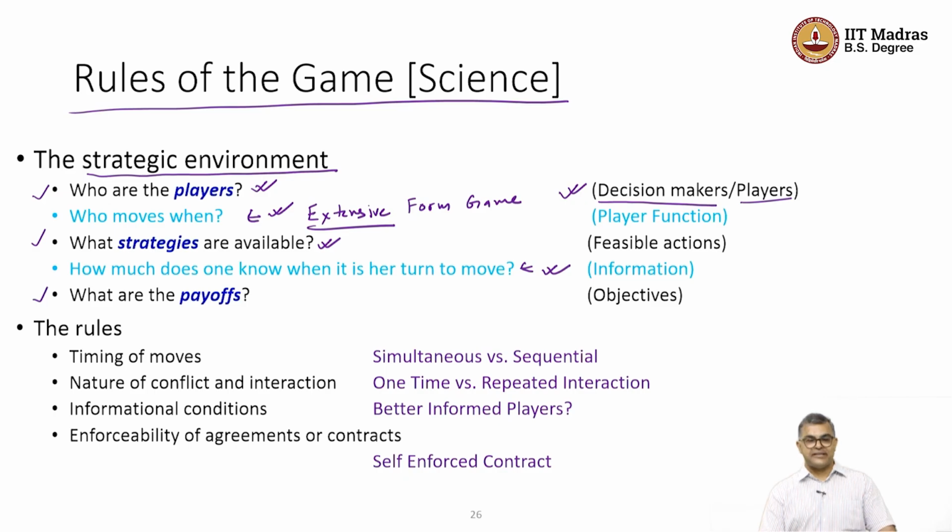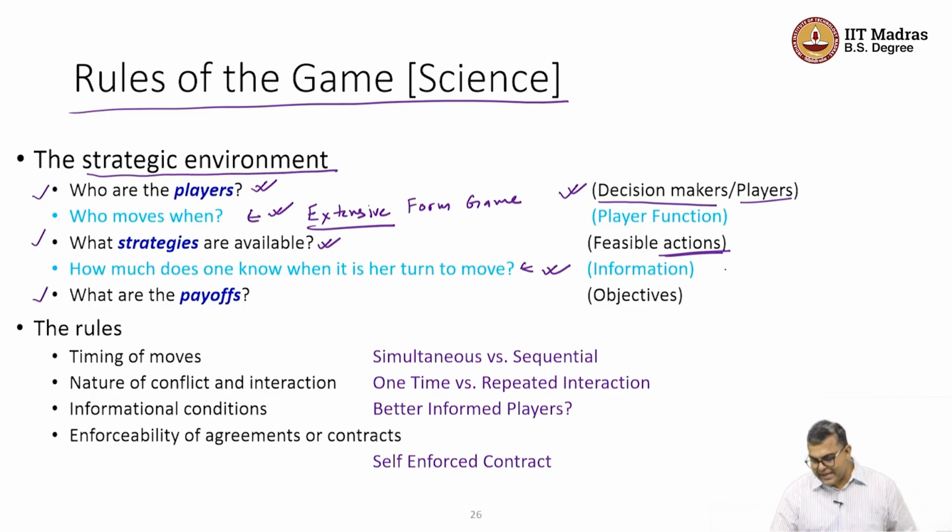These are the strategies. One thing I would say is that there is a huge difference between strategies and actions, at least technically. So, we are going to spend some time talking about them. Next thing is, how much does one know when it is her turn to move?